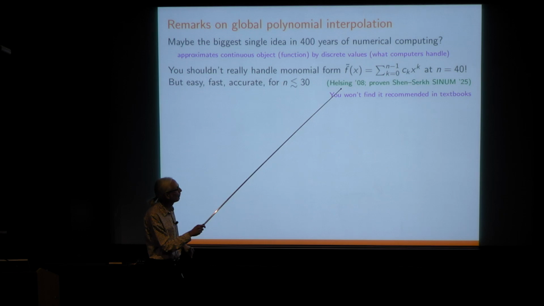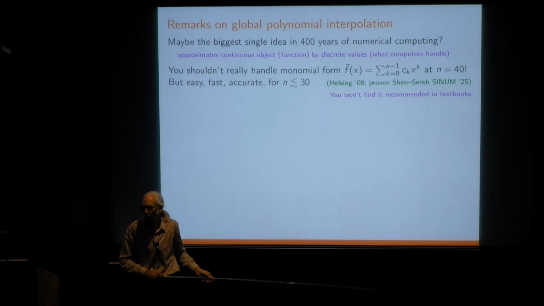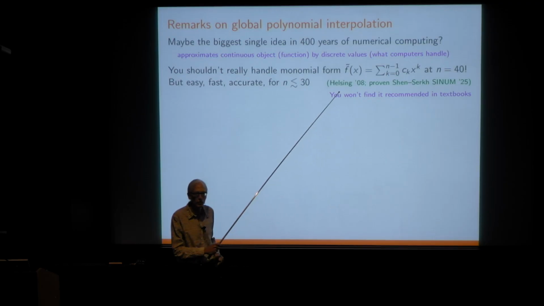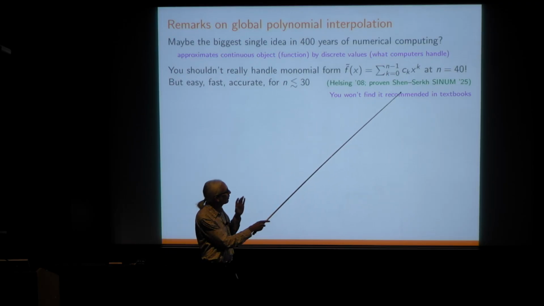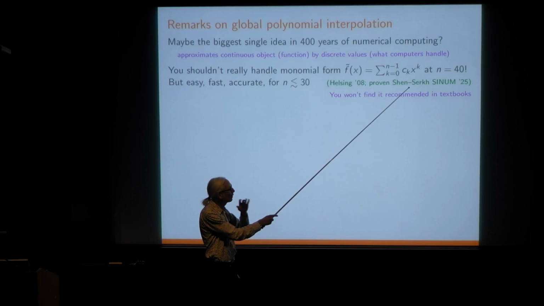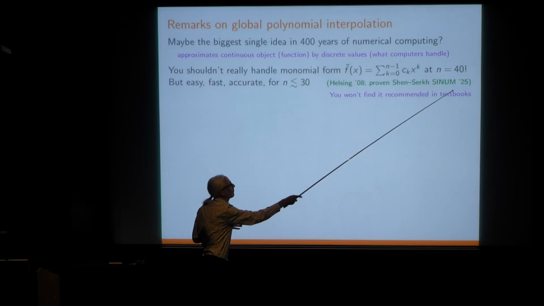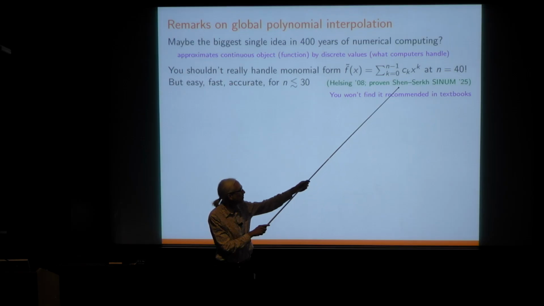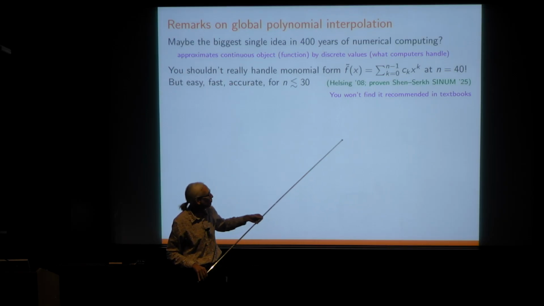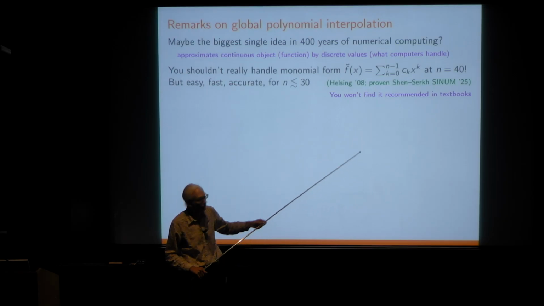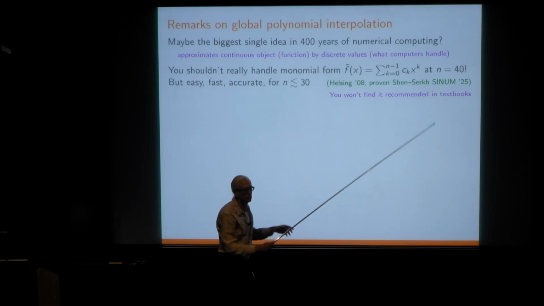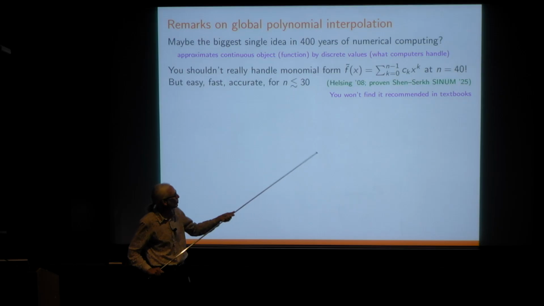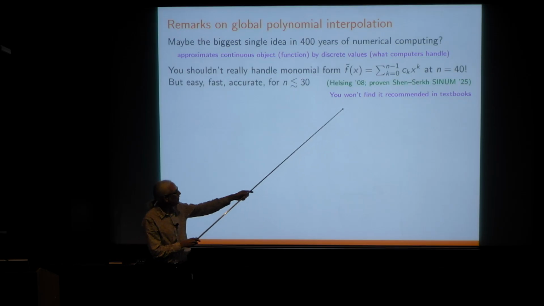So this I learned from Johan Helsing, who was a postdoc with Leslie many years ago, who's a master of boundary integral methods. But interestingly, it was only recently proven by Kirill Serkh and Shen, his student, up in Toronto 3 years ago. I say 3 years ago because it took 3 years to get through review, I think because people found it such a shocking result. You won't find this in textbooks.